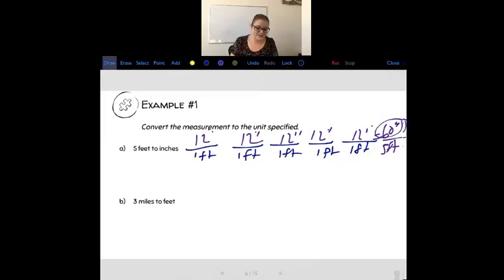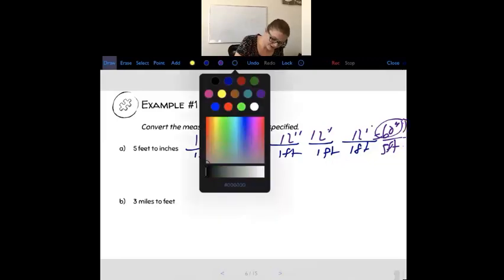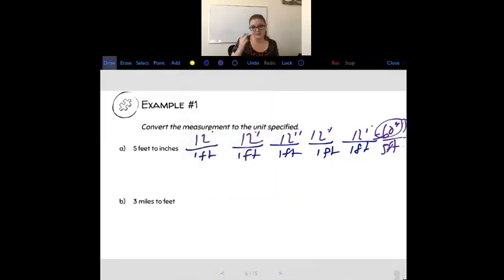Another way to do this is using what's called dimensional analysis. With dimensional analysis, we set up several fractions in a convenient way to allow us to know what we're multiplying by and what we're dividing by when converting units. You start with what you're given. We want 5 feet, and we're going to set up these bars here.